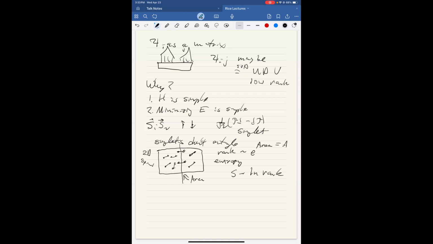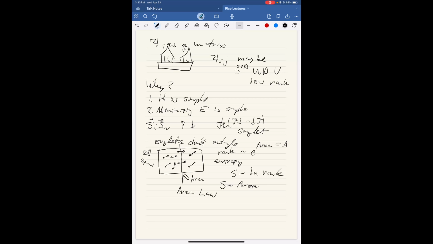Probably most of you know the definition of the von Neumann entanglement entropy. Basically, we think of it as the log of the number of pieces of the wave function, just like an ordinary entropy. And so this is called the area law. S is proportional to the area.